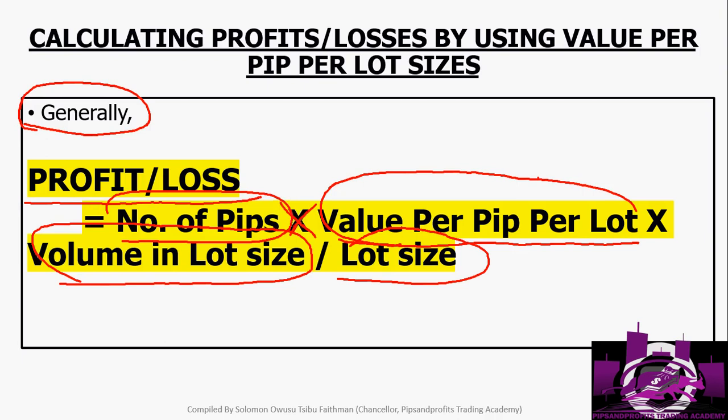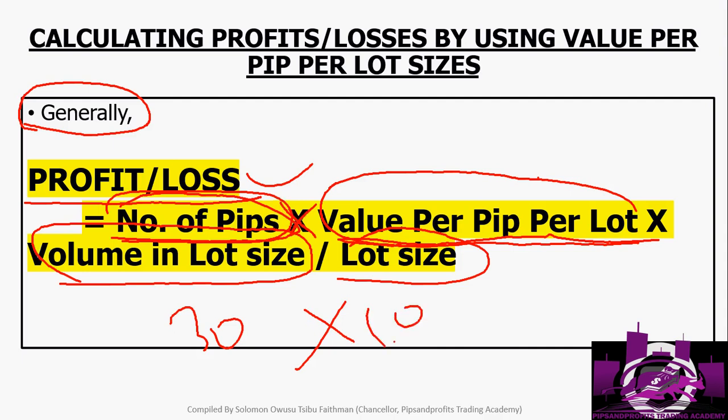Confusion galore, Anna. Okay, so take a screenshot of this. This is a general formula, using the value per pip. So number of pips. For instance, if I have 30 pips multiplied by value per pip per lot. So if it is a standard lot that I am trading, the value per pip, with the calculation we had for GBP USD, we had 10.